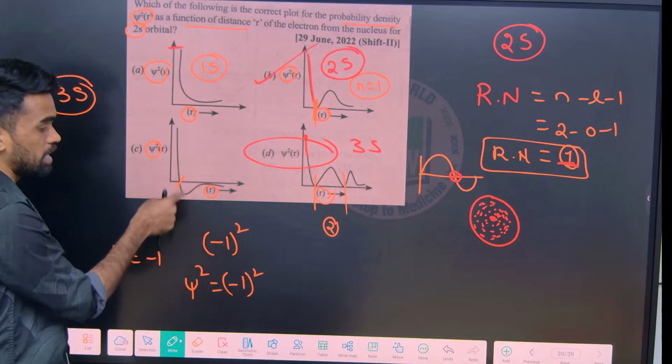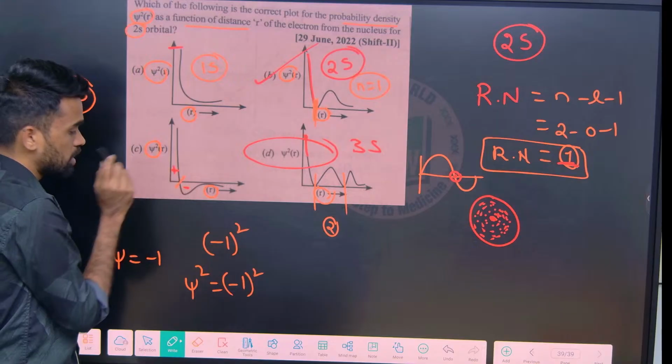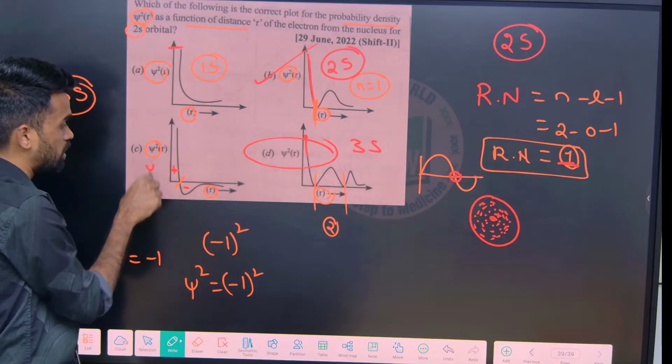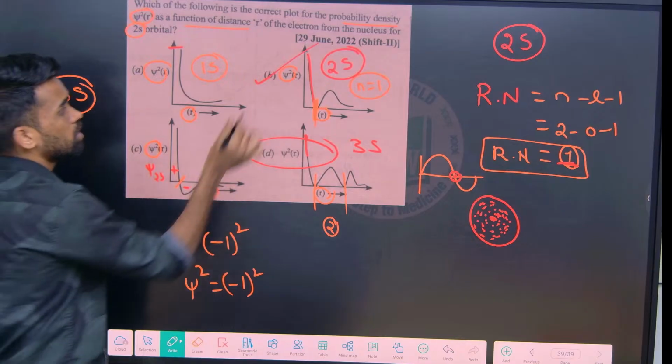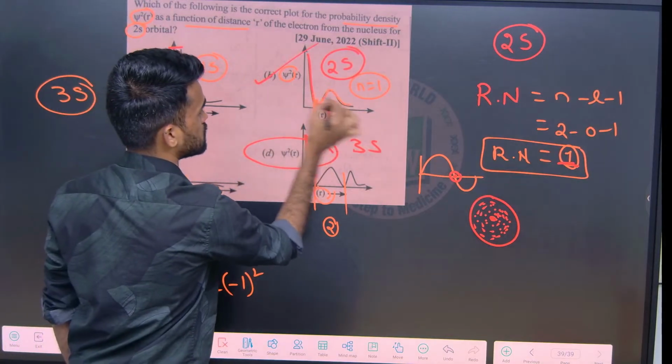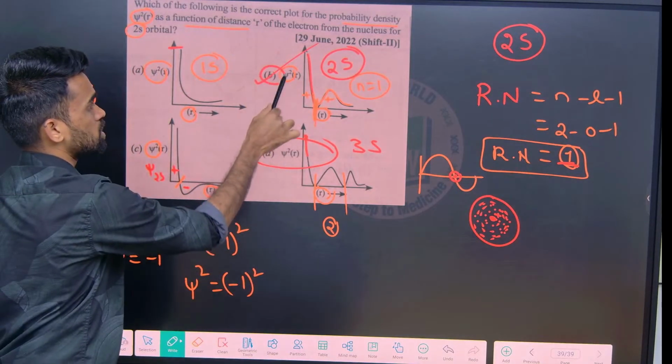There should not be any negative values. Here you got minus and here plus, so this is valid for psi of 2s, not for psi square. Here you got only positive values. So the perfect answer for the question is B.